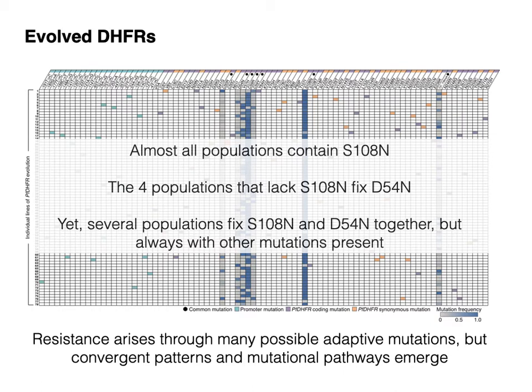These patterns led us to suspect that S108N and D54N were influencing each other, and those interactions affect the reproducibility of evolution in our experiment.